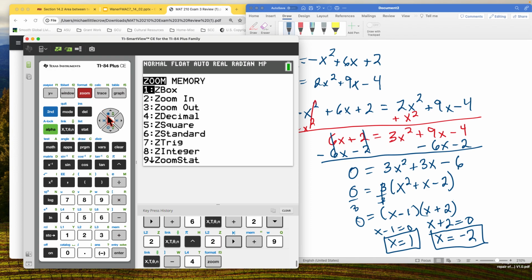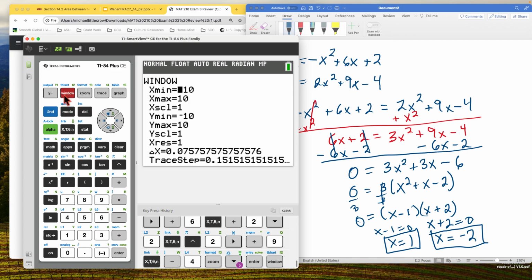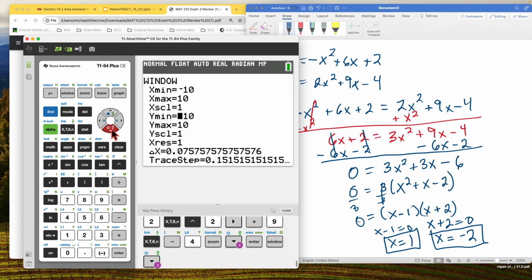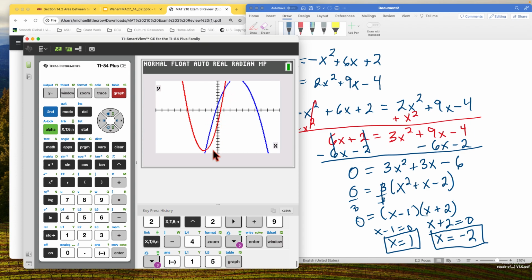Going to zoom standard number 6 just to get a nice size window. Should fit there. Fits pretty nicely. I can see maybe I want to go a little bit further down. So I go back to my window, make my Y minimum, maybe make it negative 15. And then I think it'll fit just fine.